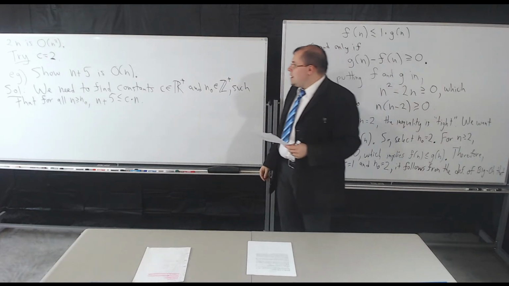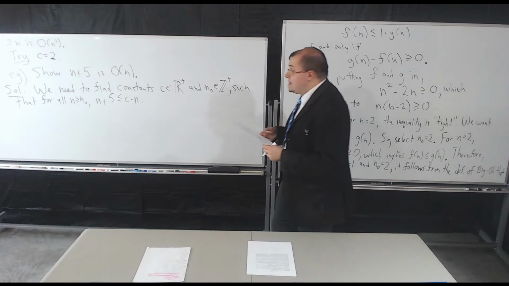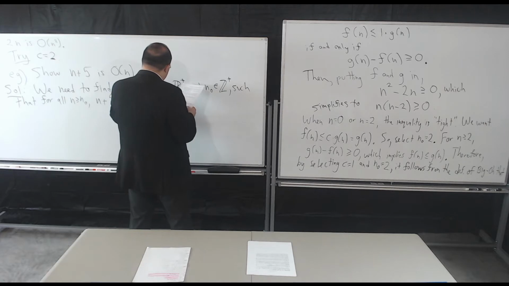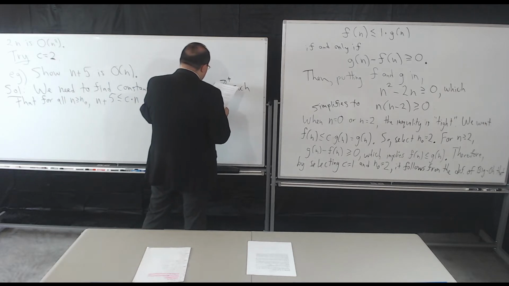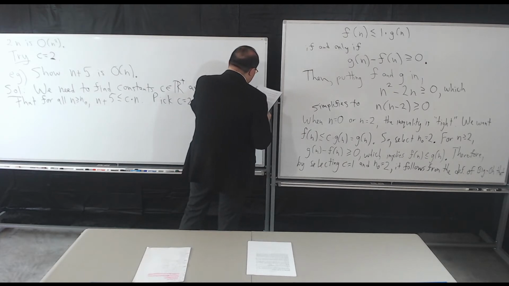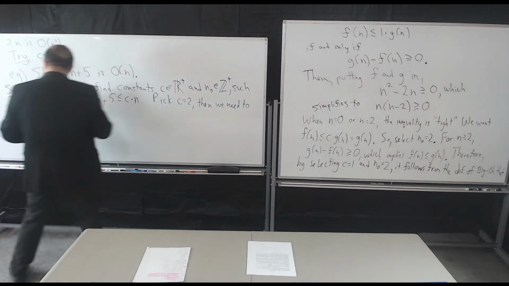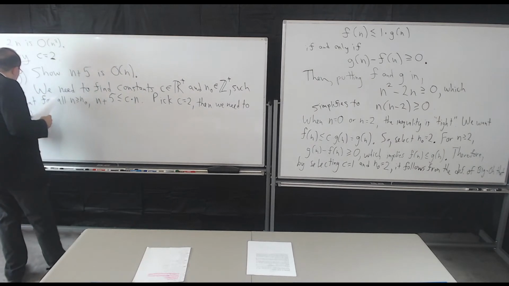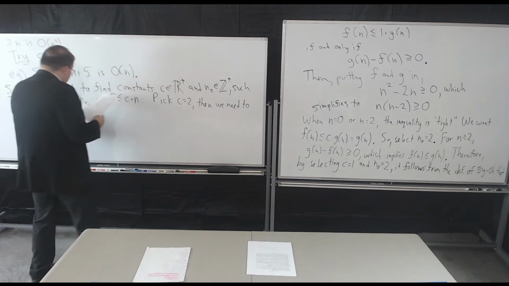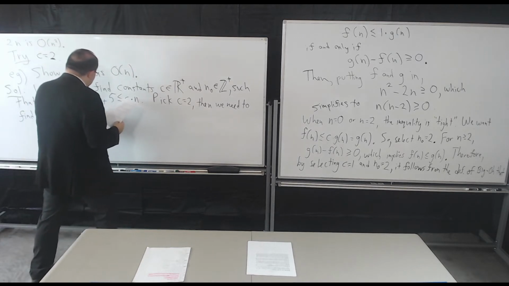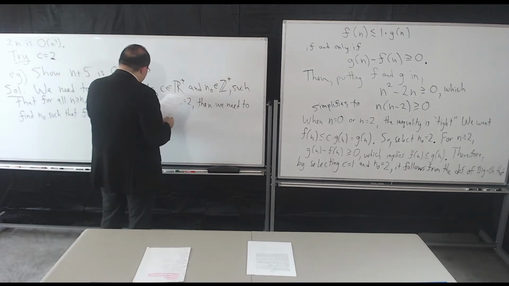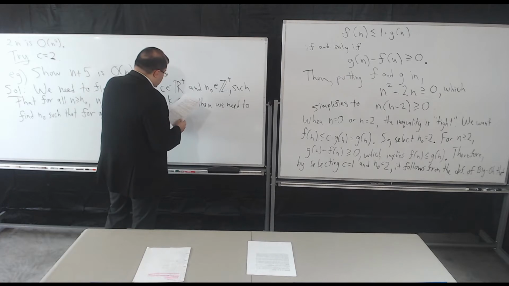I want you to think about constants that might work here. I'm going to pick c equal to 2. Then we need to find n0 such that for all n greater or equal to n0, n plus 5 is less than or equal to 2 times n.